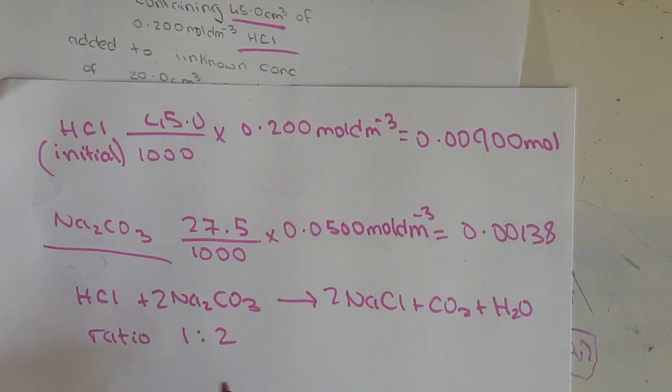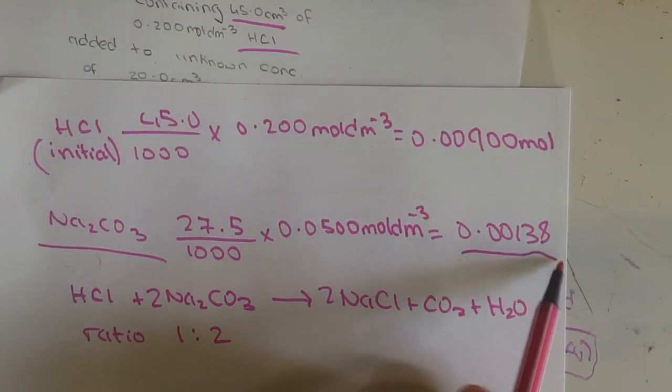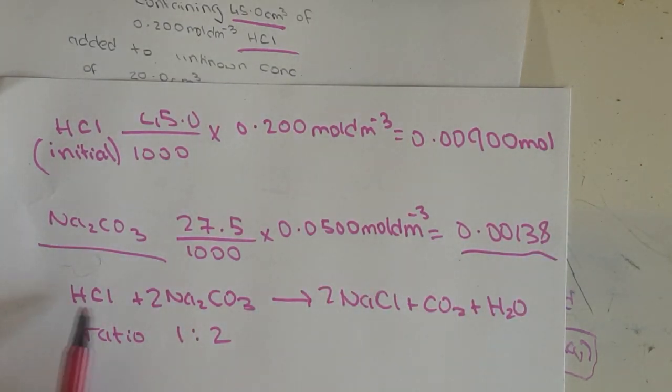As you can see, the ratio between hydrochloric acid and sodium carbonate is 2:1. So you multiply the moles of sodium carbonate you got here by 2 to get the moles of hydrochloric acid, as you do in a standard titration.